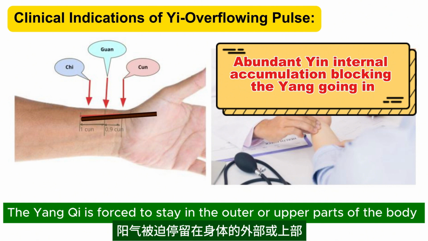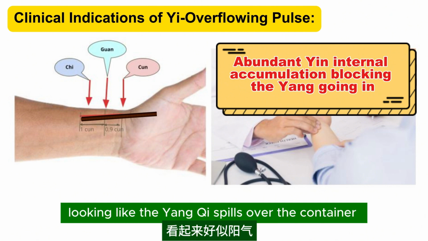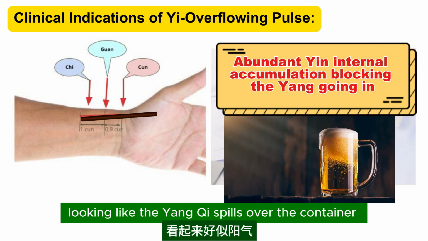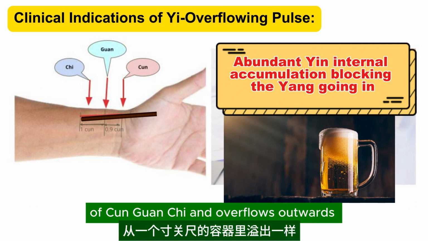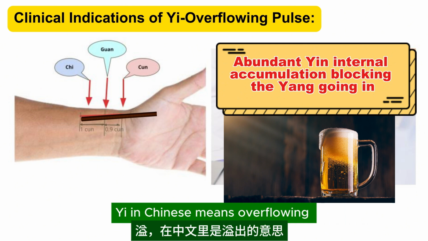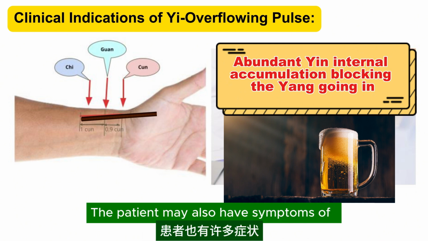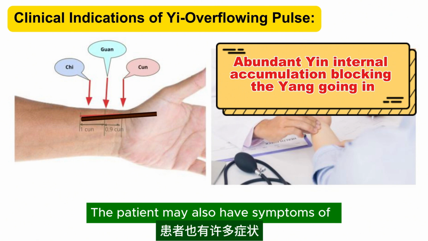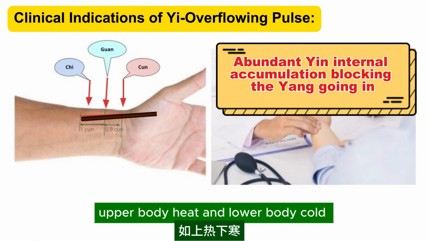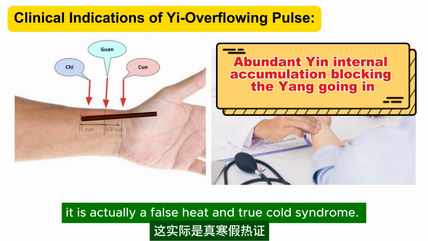The yang qi is forced to stay in the outer or upper part of the body, looking like the yang qi spills over the container of chun, guan, chi, and overflows outwards. Yi in Chinese means overfloating. The patient may also have symptoms of upper body heat and lower body cold. It is actually a false heat and true cold syndrome.